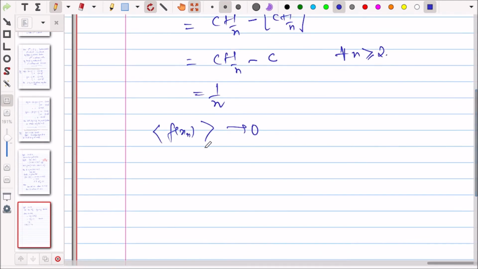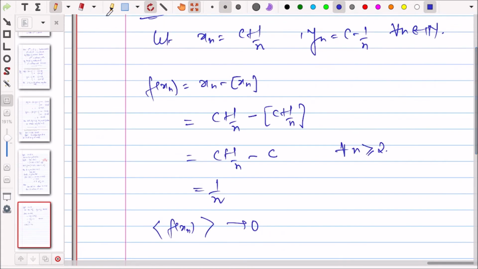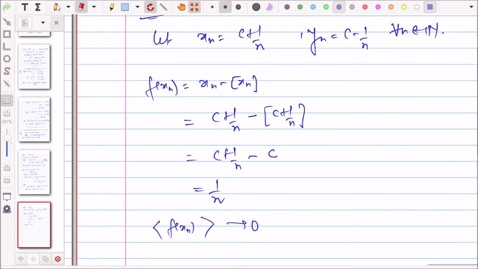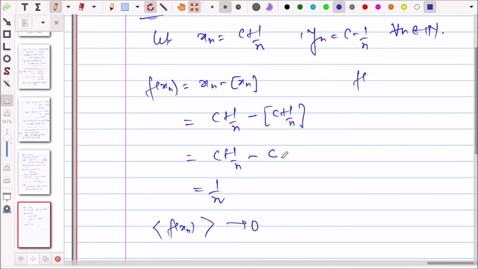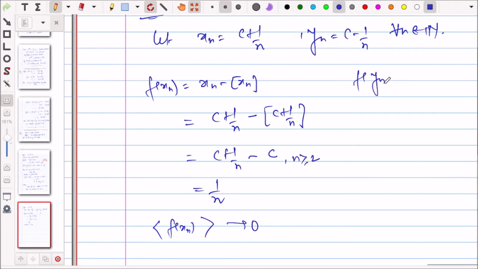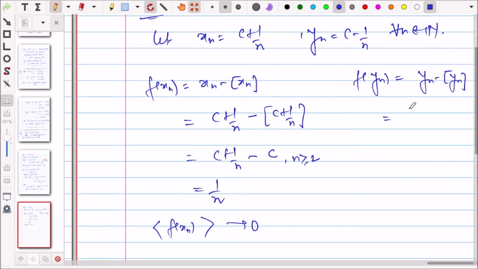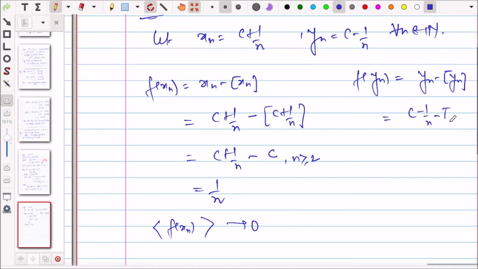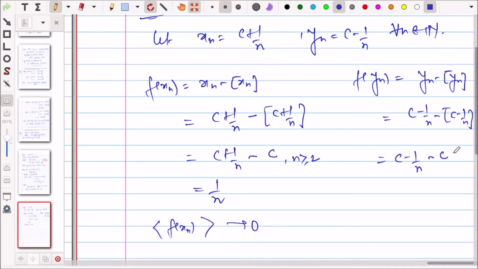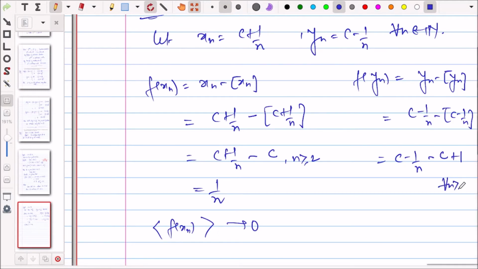Now what about f of yn? For n greater than or equal to 2, f of yn is equal to yn minus the greatest integer of yn, which is equal to c minus 1 by n minus (c minus 1), again for all n greater than or equal to 2, because for 1 this will again become an integer, so we want to exclude that point.